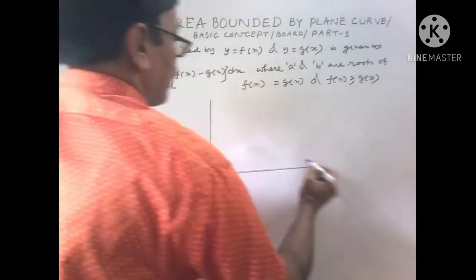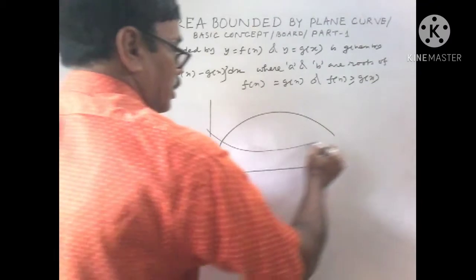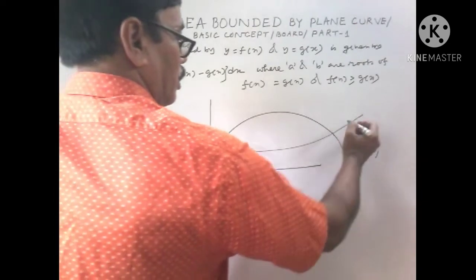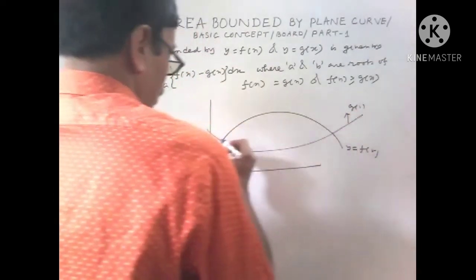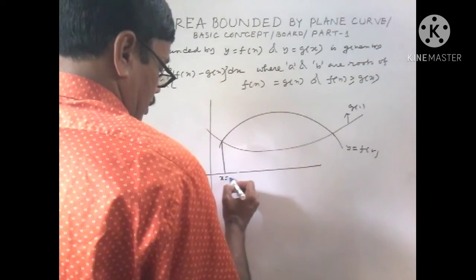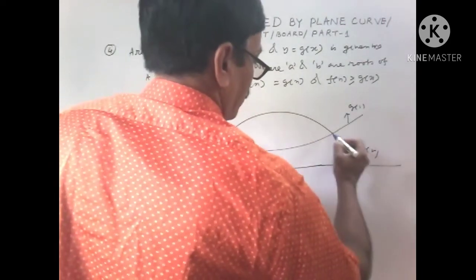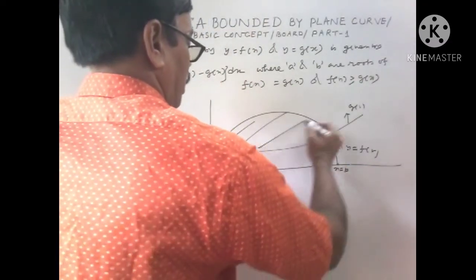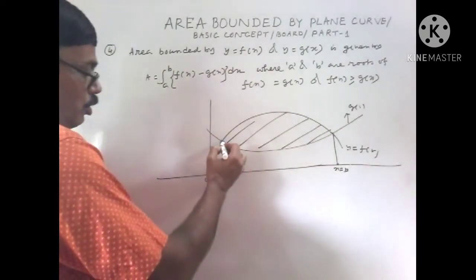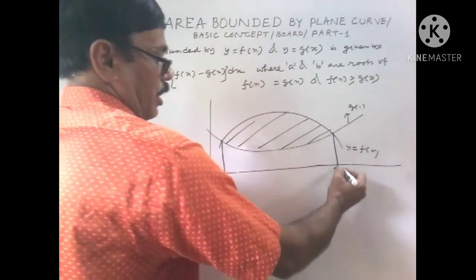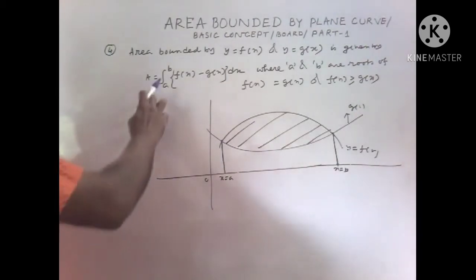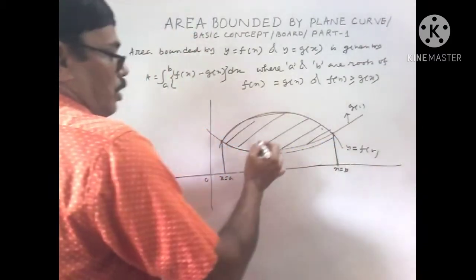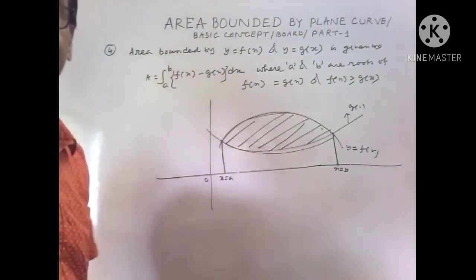So f(x) and g(x) are two curves. This is f(x) and this one is g(x). They intersect at a, this is a and this one is b, x equals b. So this part. Here the curves are intersecting, so there is no need of giving x equals a, x equals b. So from a to b, upper curve f(x) minus lower curve, you get the area of the shaded portion.